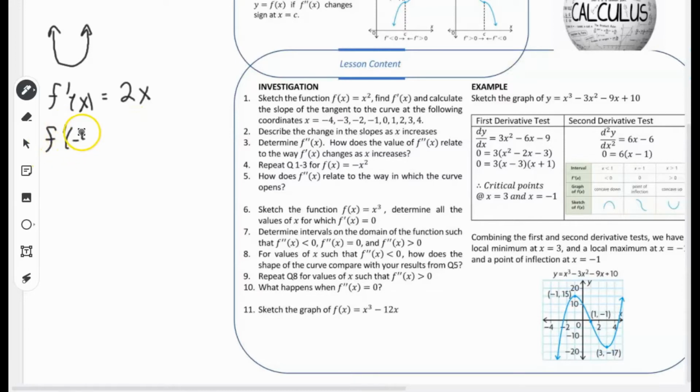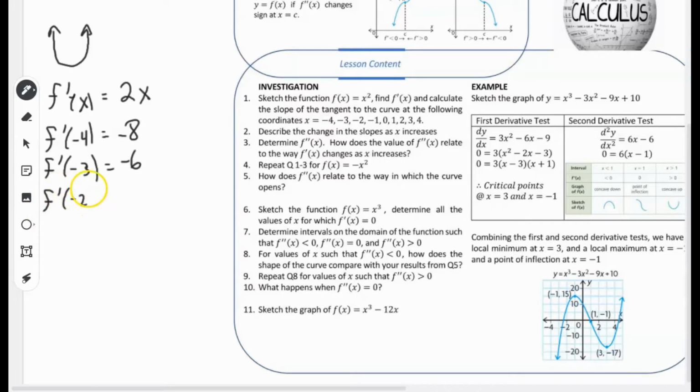So we can find the slope at any one of these points. Let's say -4. That's going to be -8. And if we keep increasing our x value by 1, you can see, -3, that's -6. You can see what's happening to our value of our slope.